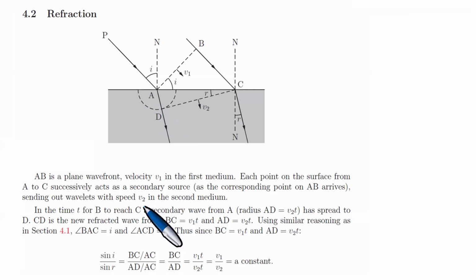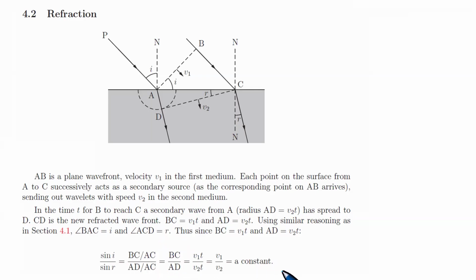In the time t for B to reach C, a secondary wave from A, radius AD equals V2T, has spread to D.